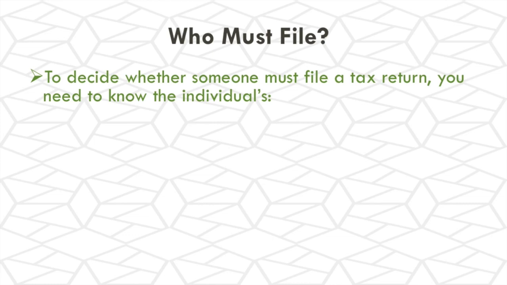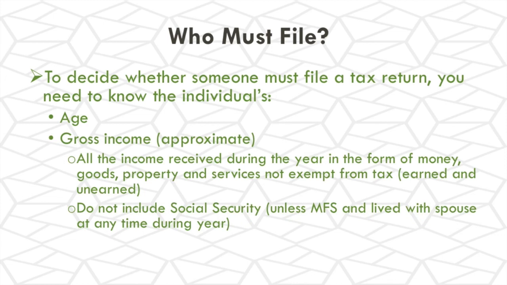To decide whether someone must file a tax return, we need to know the individual's age, their approximate gross income, and their filing status. When determining approximate gross income, that includes all the income received during the year in the form of money, goods, property, and services not exempt from tax, both earned and unearned income.